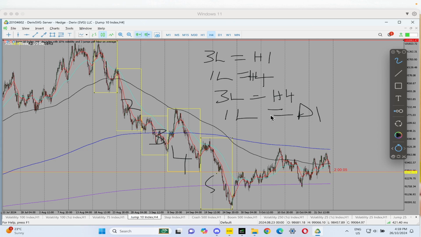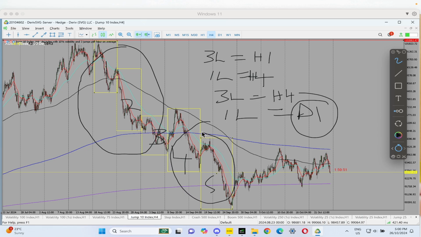So for me to say I've got 1 D1 level, I have to take 1, 2, and 3 and combine them. So by combining them, it means I have 1 D1 level because I'm in the 4-hour time frame here. So these ones will simply mean I am still missing a level. I'm still missing the last level, which is 6, for me to say I have D1 and I have D2. So this is all I can see.